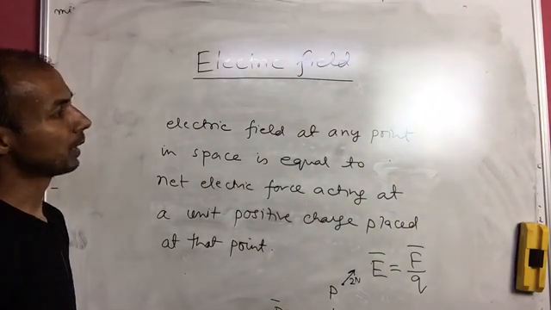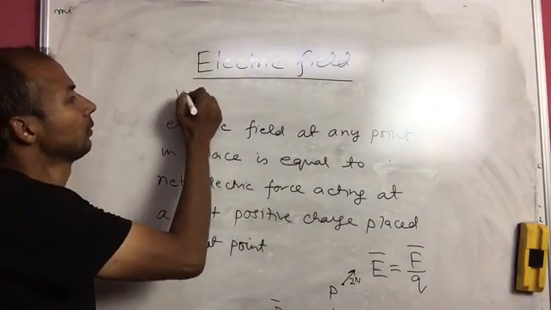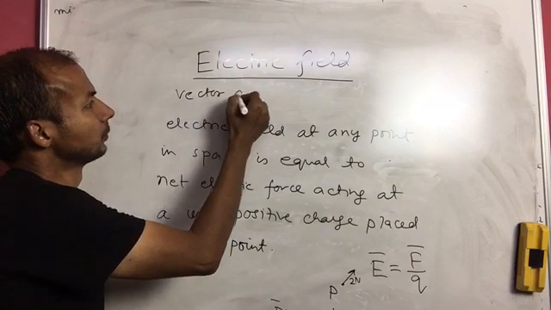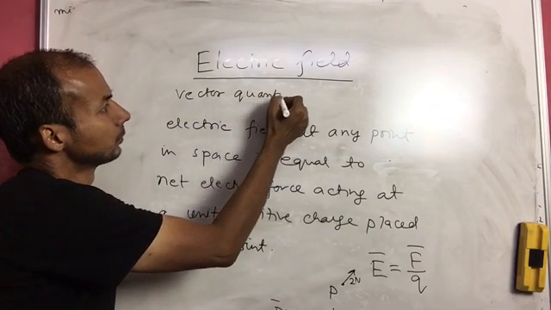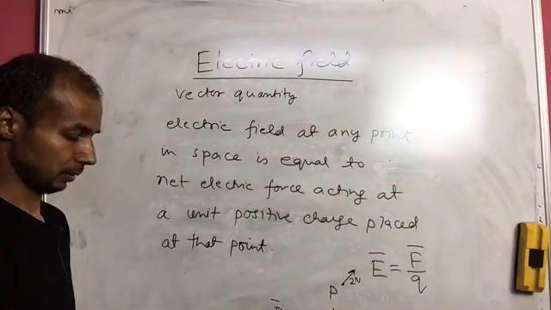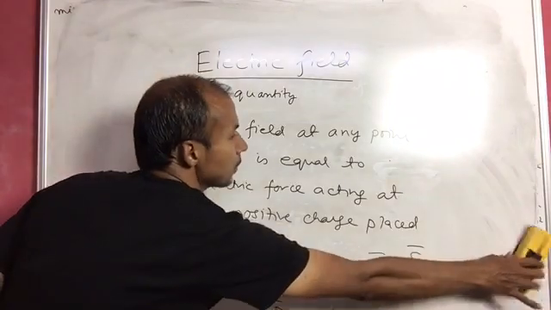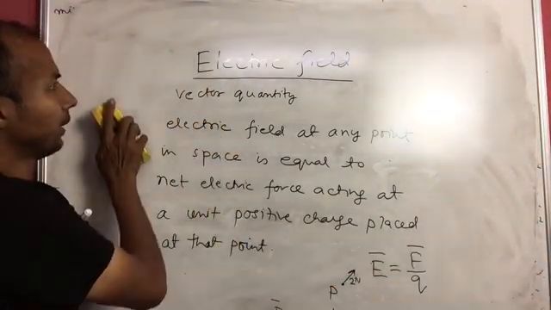You need to remember that electric field is a vector quantity. That means it has magnitude as well as direction. Okay. Now let's see what was the need to define electric field.